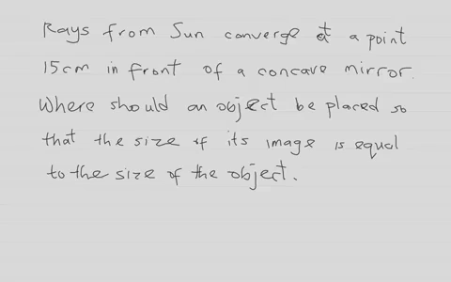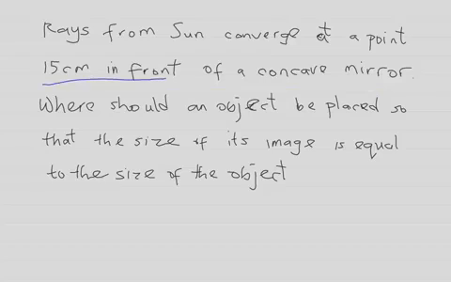So where the rays converge, that's where the image will be formed. Rays from sun at a very far distance converge at a point. That point where it converges is where the image will be formed.